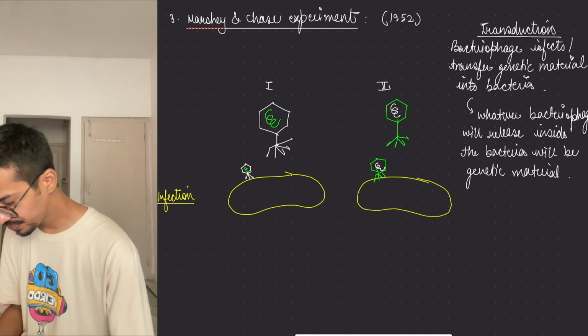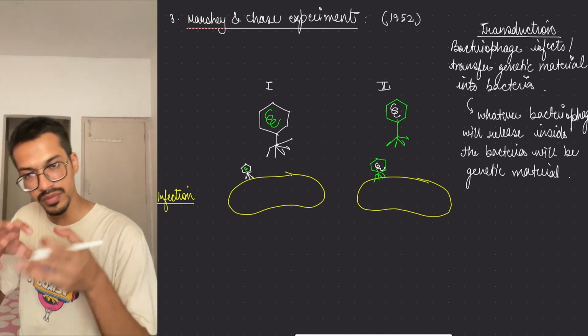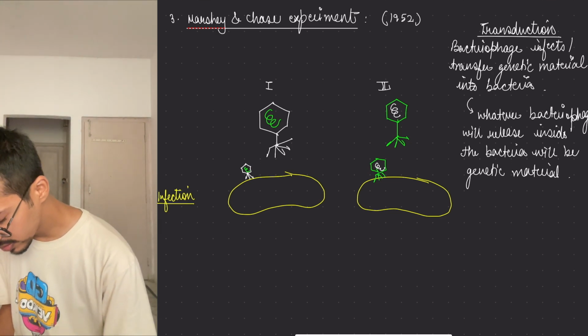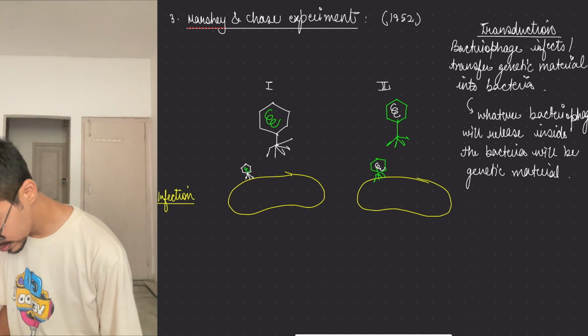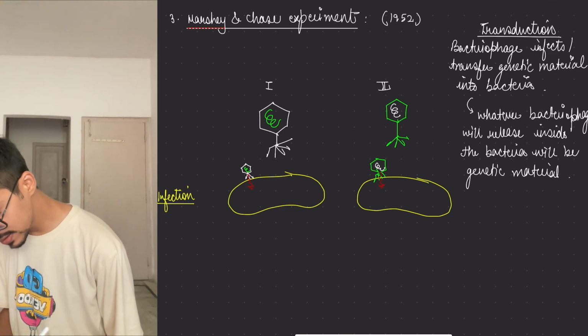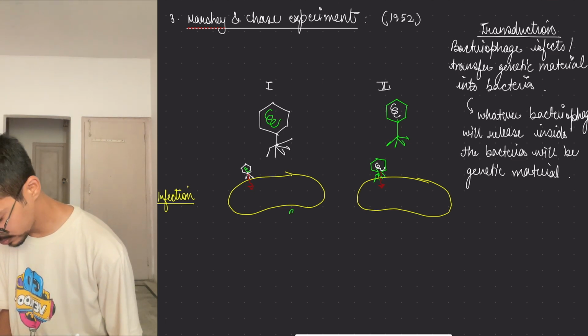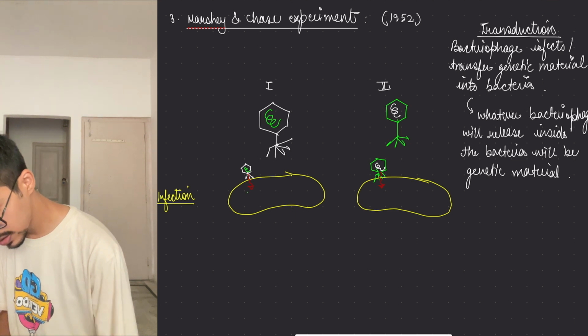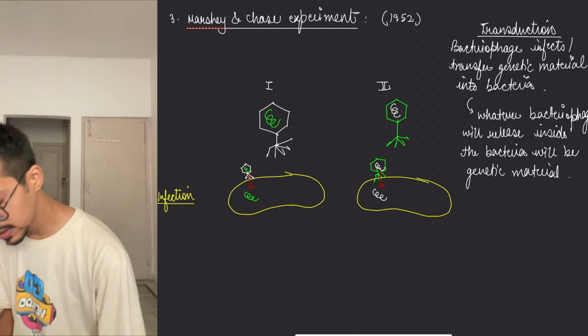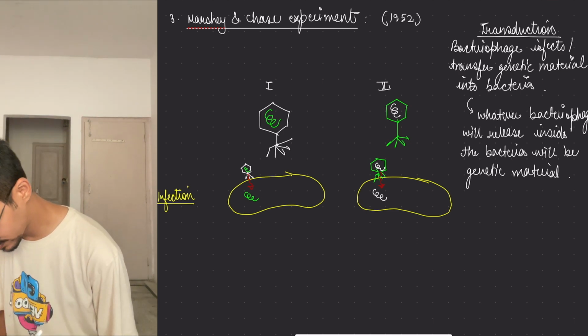They will transfer things. What would be transferred? The genetic material. So this one will transfer, and this one will also transfer. The genetic material of the first goes inside the bacteria, and here the genetic material of the second one goes inside. This is your bacteria.